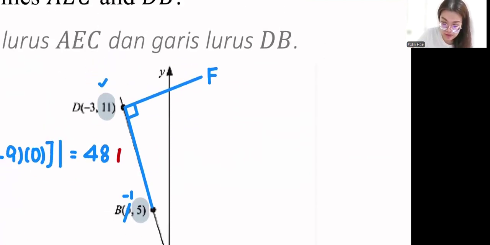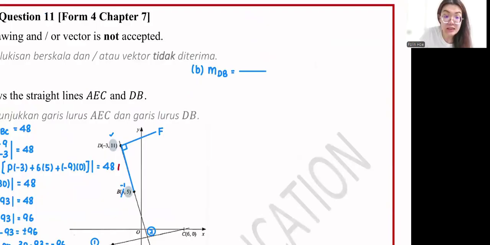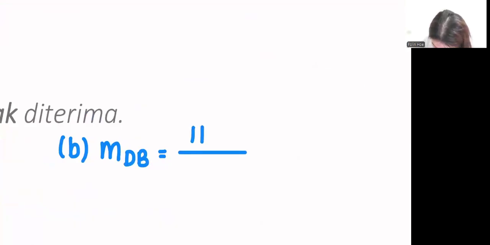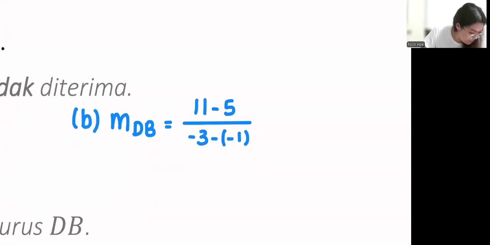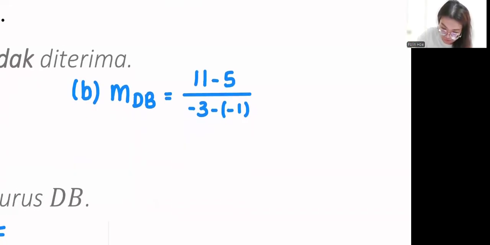The formula is tick minus no tick. Okay, highlight 的先哈，所以11减5, 11 minus 5. After that, the bottom part tick minus no tick, -3 minus -1. This is gradient DB and I get -3.